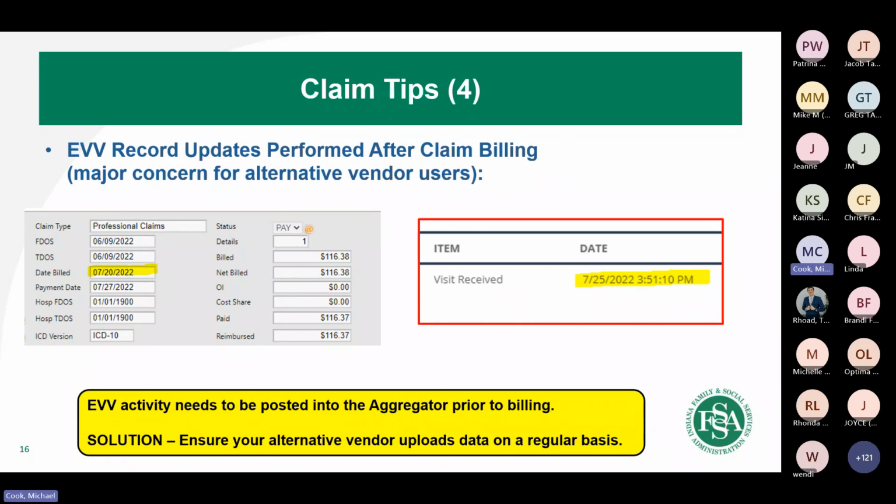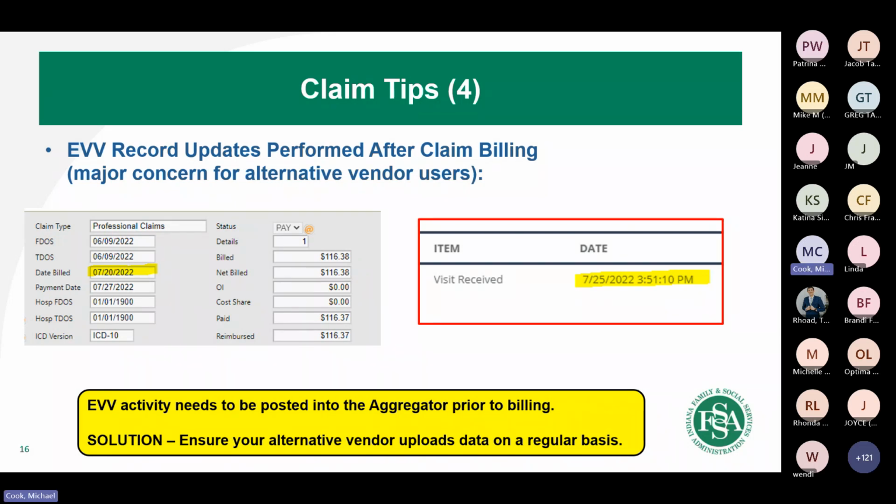This next issue is a specific concern for all of our alternative vendor users. And this is around EVV record updates being performed after a bill has been submitted for payment. In this case, if you look on the left, this claim was billed on July 20th of 2022.